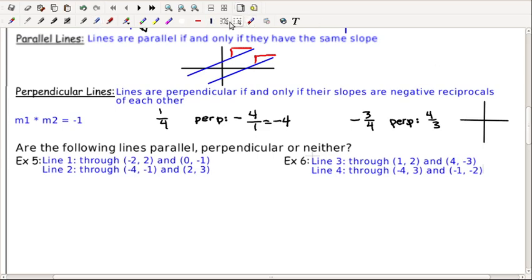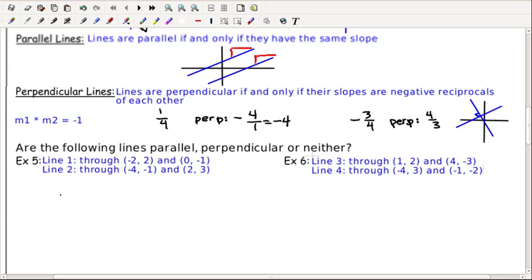I'm not sure how well I'm going to be able to show that here in your little sketch, but the idea being, perpendicular lines cross at 90 degrees. So 4/3 and negative 3/4. And you can tell that this slope must be negative and this slope must be positive in order for them to be perpendicular. Okay, so are the following lines parallel, perpendicular, or neither?